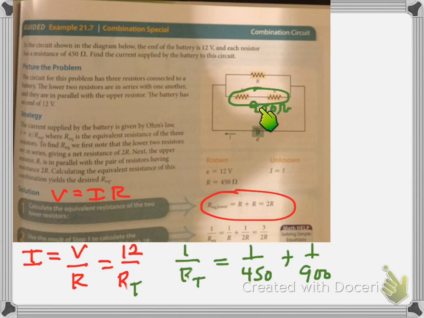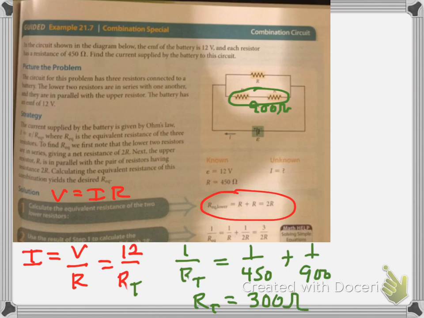And so then if I add those together and then do the reciprocal to find RT, I will know my total resistance. So if you work this out, you add these together and then multiply both sides times RT and divide 1 by that number, you're going to end up with a total equivalent resistance of 300 ohms.